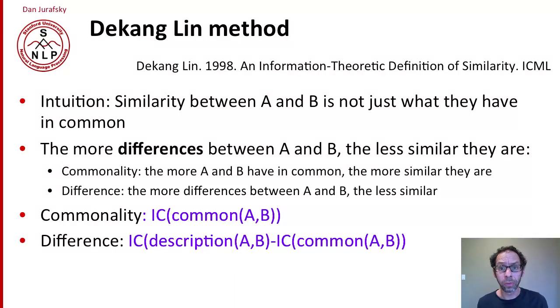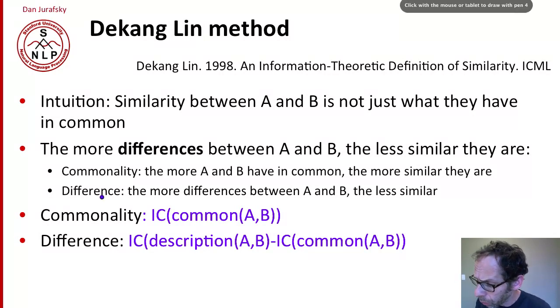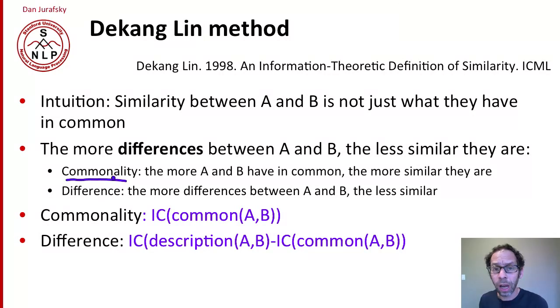An alternative metric for dealing with information theoretic similarity is the Lin metric. As with Resnick, the more two things have in common, the more similar they are. But now, the new intuition, the more differences between A and B, the less similar they are. And we measure commonality by introducing the predicate common, which is a proposition stating the commonalities between A and B, and IC, the amount of information contained in that proposition.